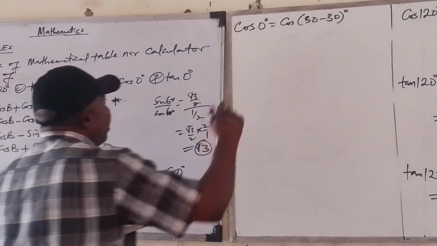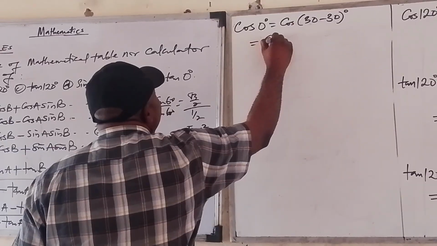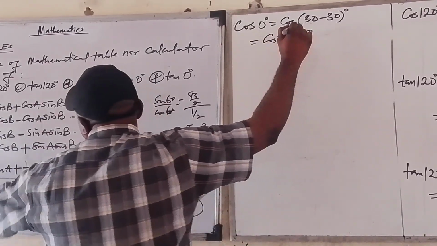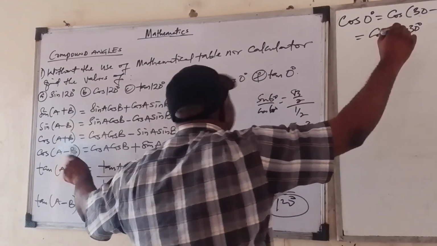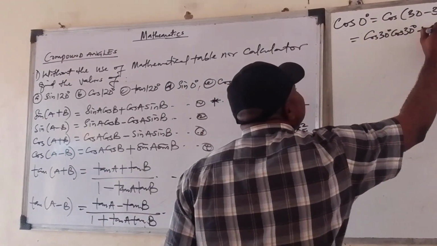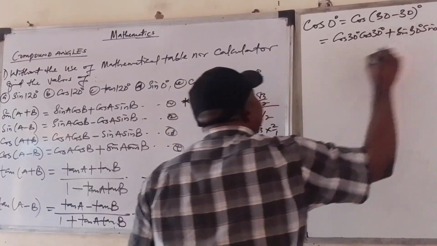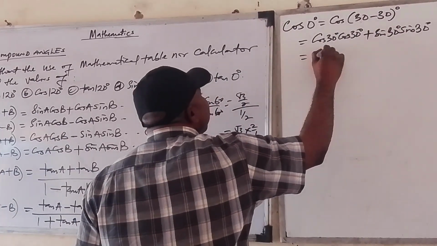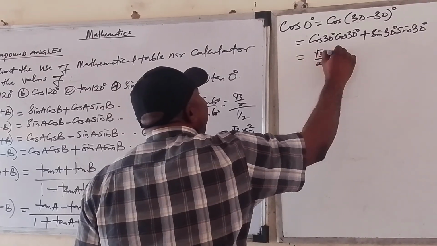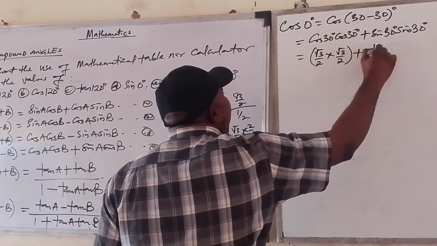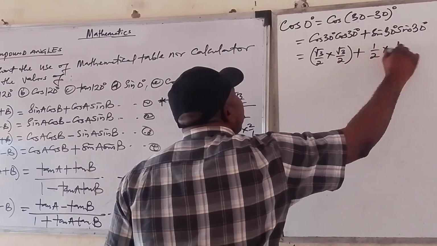So here, this will give us cos 30 degrees times cos 30 degrees, then plus sine 30 degrees times another sine 30 degrees. Now cos 30 degrees is root 3 all over 2 times another root 3 over 2, then plus 1 over 2 times 1 over 2.